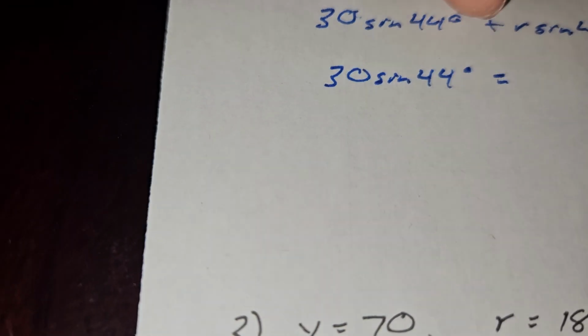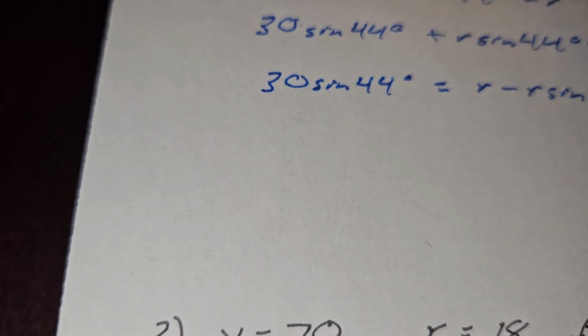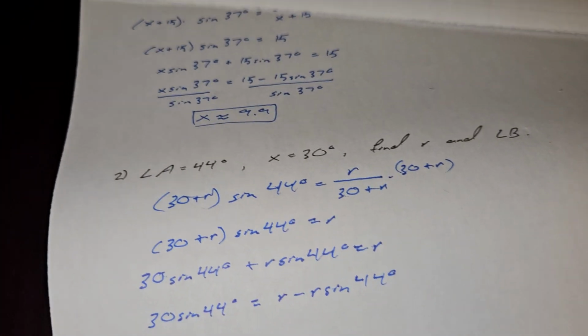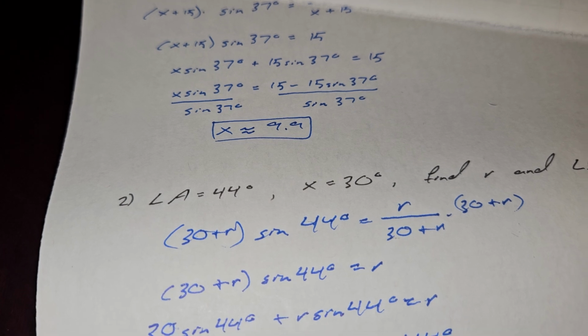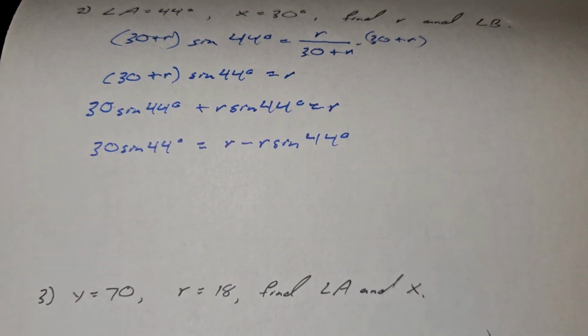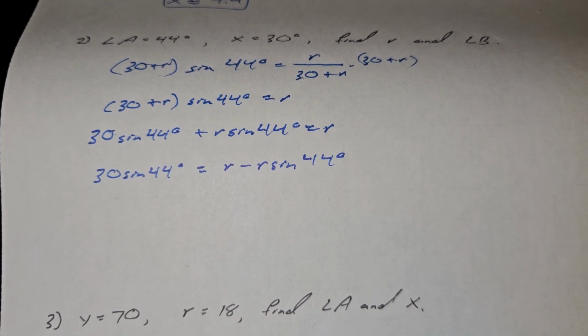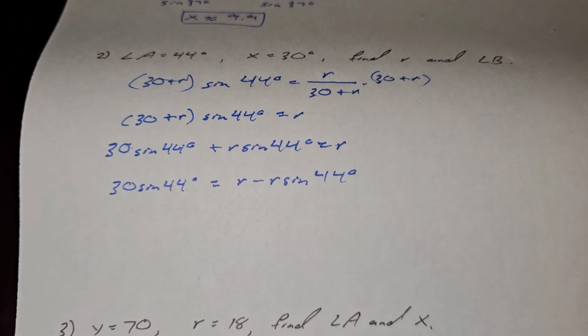So we have 30 times sine of 44 degrees is equal to r minus r sine of 44 degrees. Now let's go ahead and use some factoring. Let's factor r out of the expression on the right side.